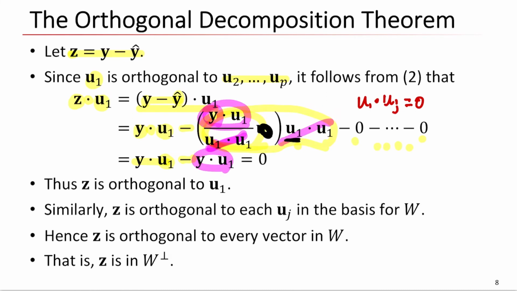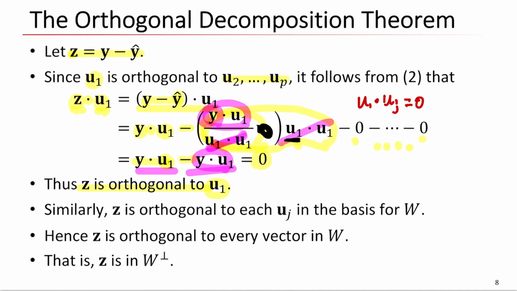So there is only one term here. Because this one and this one are the same, the result is going to be 0. It means that the zero vector and vector u1 are orthogonal to each other, so z is orthogonal to u1, right?